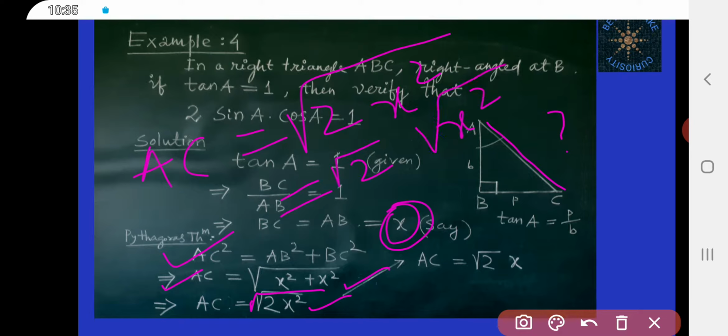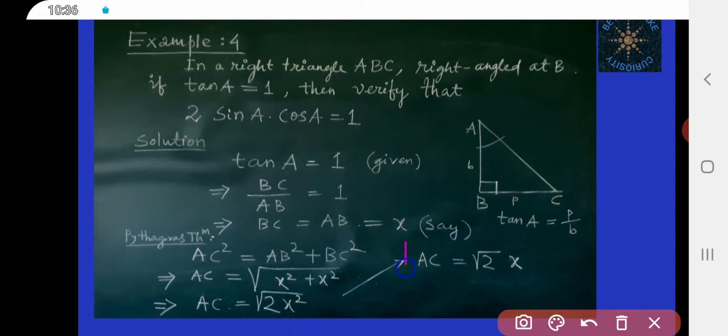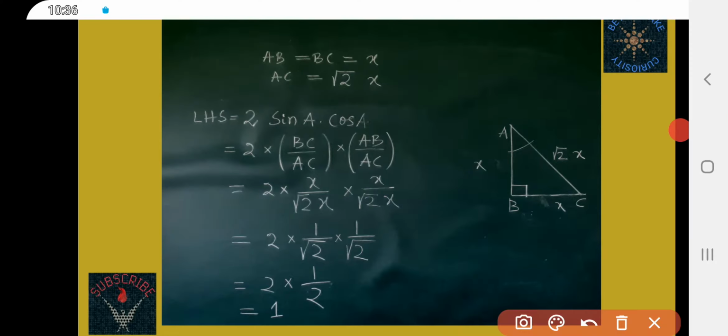So AC is equal to root 2 x. Now you see AB equal to BC equal to x, AC equal to root 2 x.